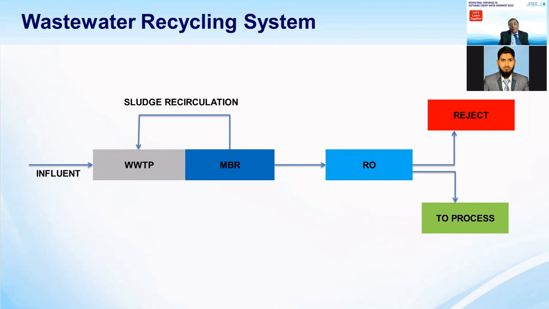In MBR, we increase the MLSS up to 8,000 to 12,000 in the wastewater, but the cost of the membrane is much higher. For new facilities, you can go for an MBR-based technology combination, which will give you the direct feed water condition for the recycling of water through an RO plant.